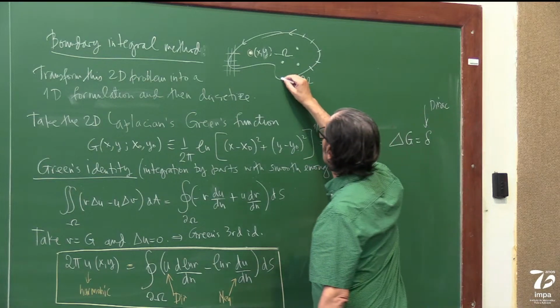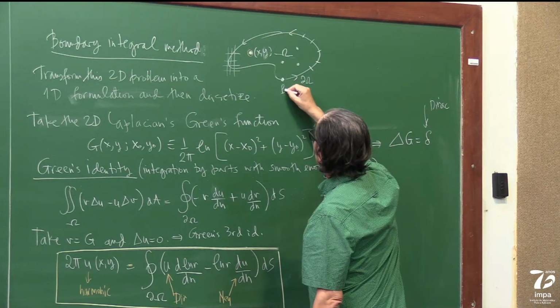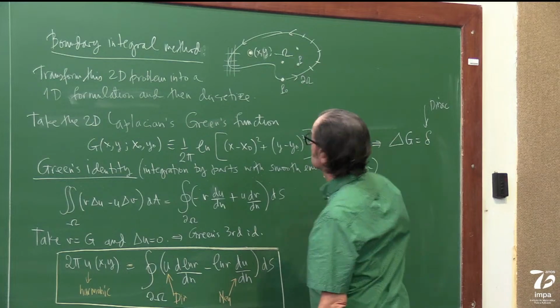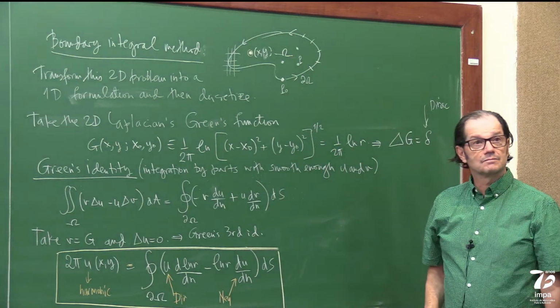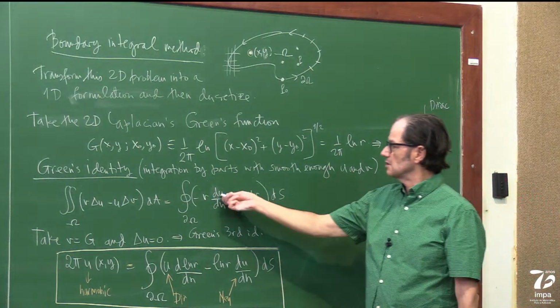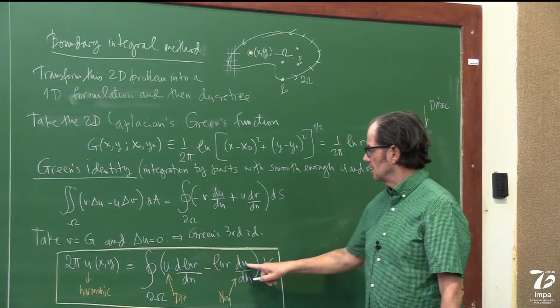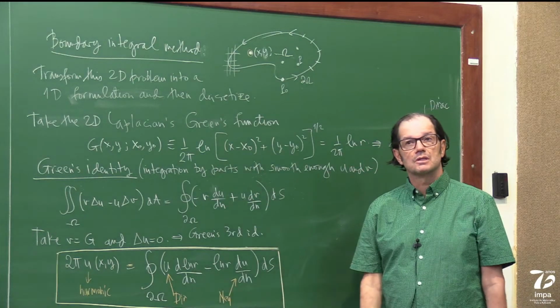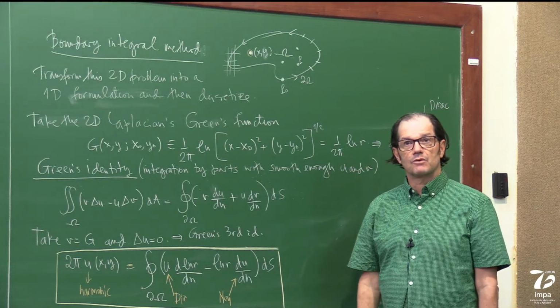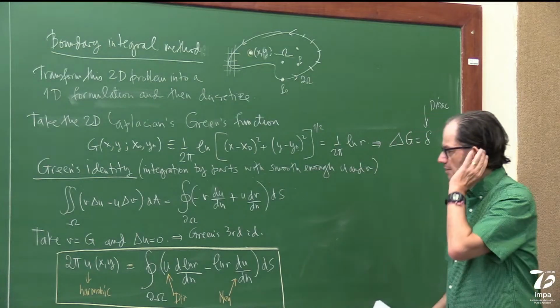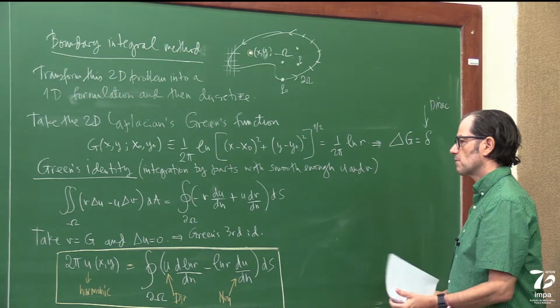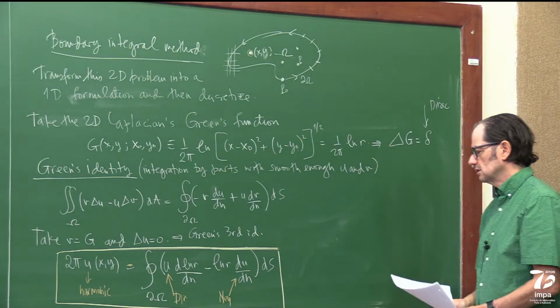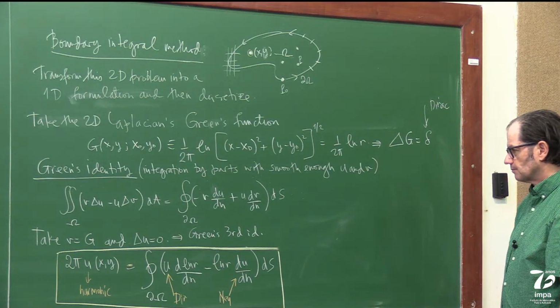So I can call this a point P0, and this a point P inside, right? And these have information of the points inside and on the boundary. I'm going to come back to this in just a second. This is the nice thing about the Green's function.